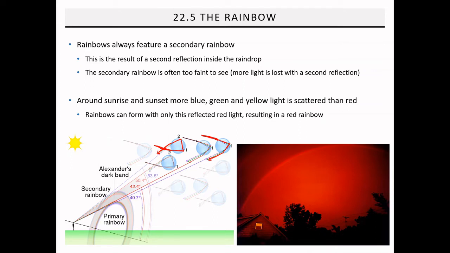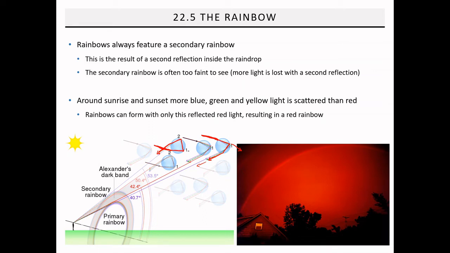Each time the light reflects inside of the raindrop, some of that light is lost because of transmission. In the first case, when the light reflects off the back of the raindrop, you have some light that passes out the backside. So when the light goes toward the front, most of the light is reflected toward the front, but some of it actually passes out the back.